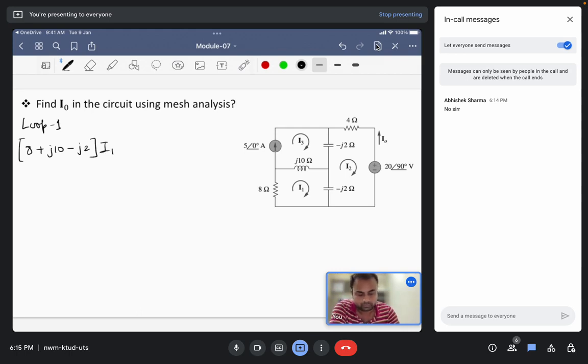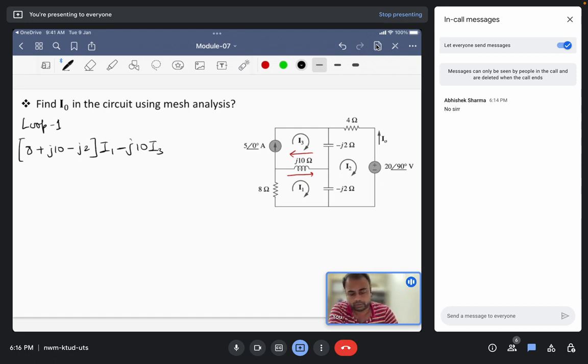Now the other components, for example here, the directions of I1 and I3 are opposite in nature. So you can see that I3 is flowing in this way, whereas I1 is flowing in this direction. So there will be a minus sign here. Instead of plus, there will be a minus, and we'll be writing J10 into I3.